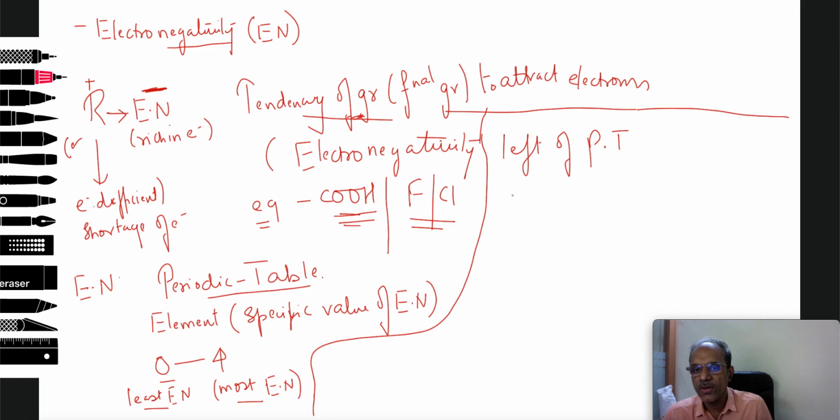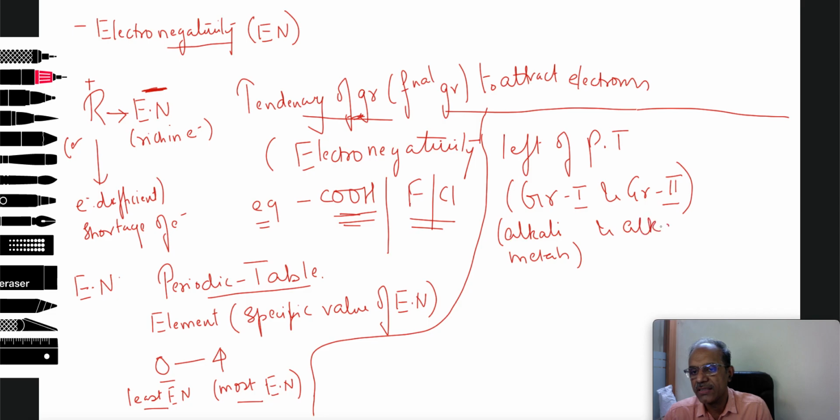Left of the periodic table are group 1 and group 2, that is alkali metal and alkaline earth metal. That means metals are present in group 1 and group 2.